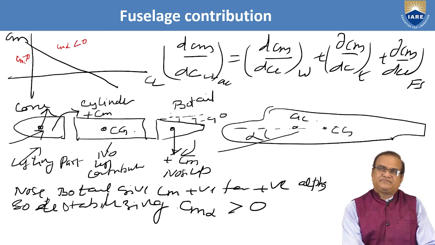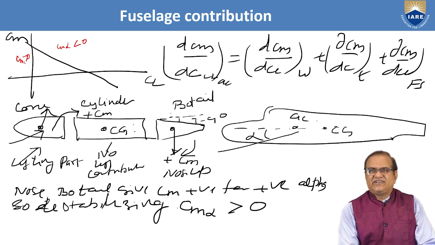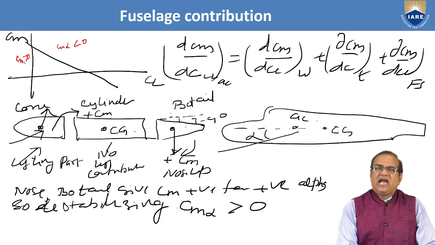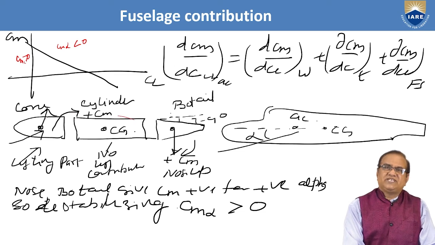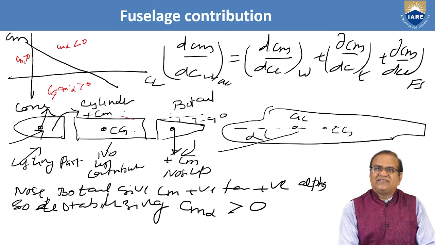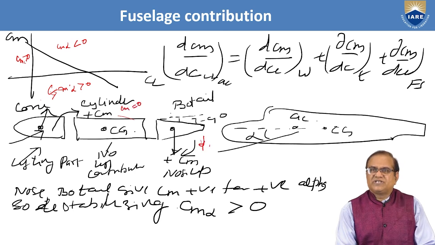If you see the fuselage, it is made of a cone, then a cylinder, and then the boat tail. In this motion, the cone is providing Cm alpha greater than 0, the cylinder has Cm equal to 0, assuming, and the boat tail is also producing Cm alpha greater than 0.